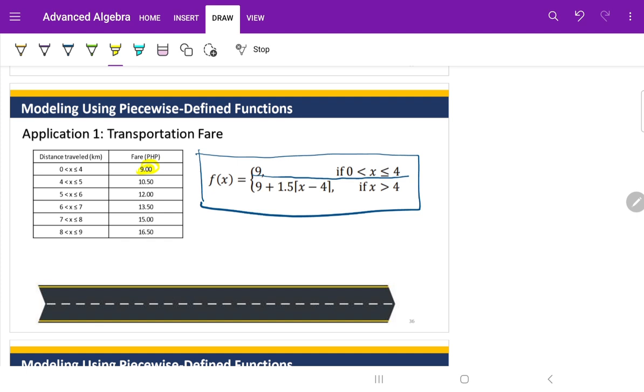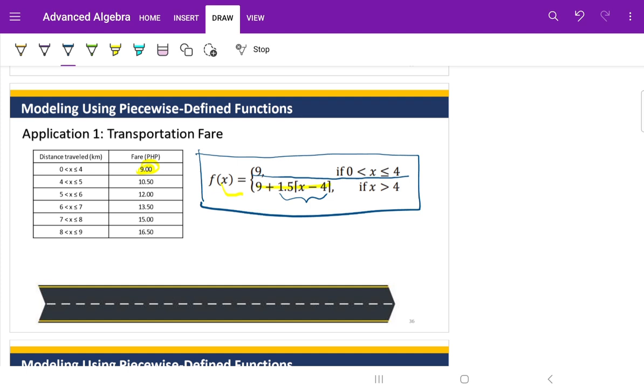However, for the other value of f of x, which is this one, this indicates that if your trip exceeds 4 kilometers, then you would pay an additional amount depending on the excess number of kilometers. And that excess payment is given by this equation.